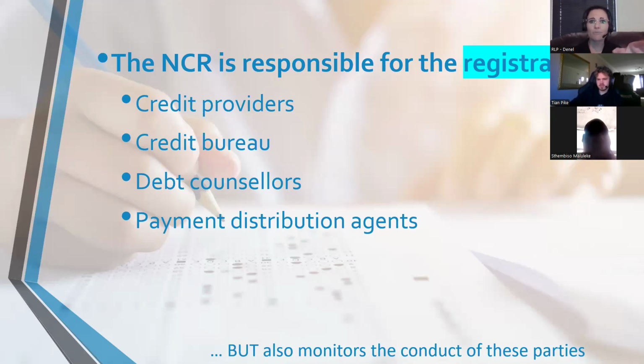The party that provides credit. What is a credit bureau? Tian mentioned earlier on, that's the institution that checks on all of the outstanding credit noted against your name, because that's how they decide whether you can afford more credit or not. Okay, then a debt counselor.